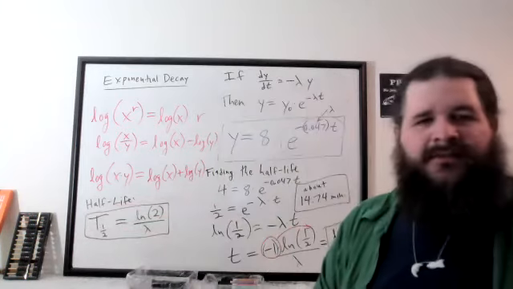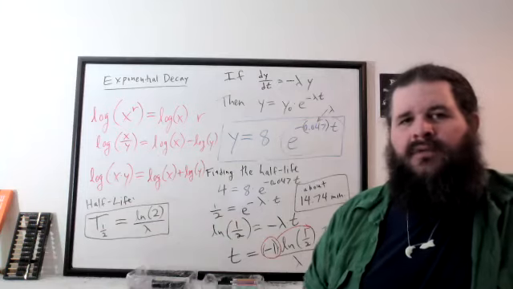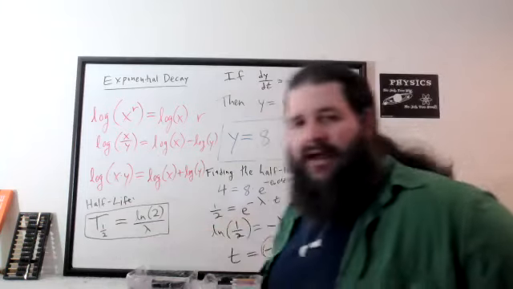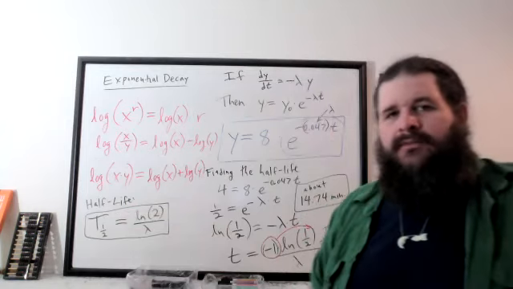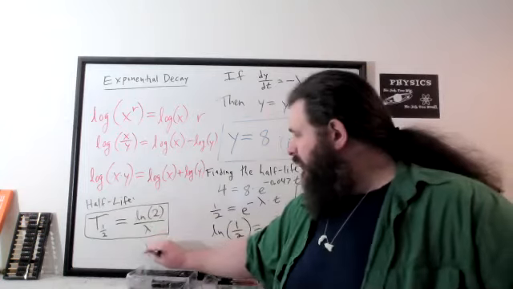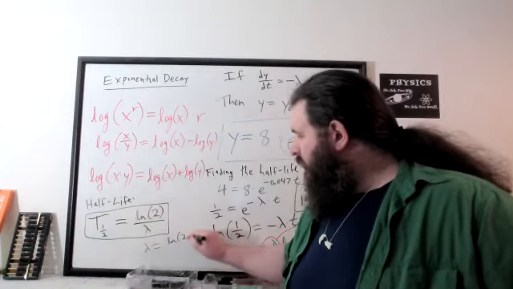So we should always be able to use this formula for half-life. And this also goes both ways. If you know lambda, you can calculate the half-life. Or often more practically, if you know the half-life, you can calculate lambda. Multiply both sides by lambda, divide both sides by the half-life.